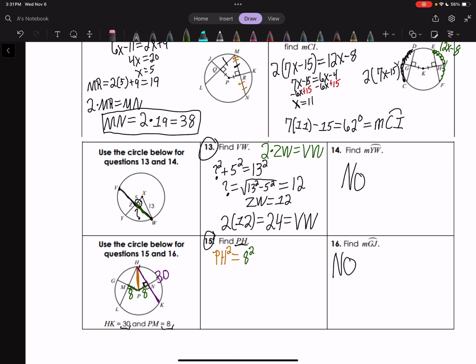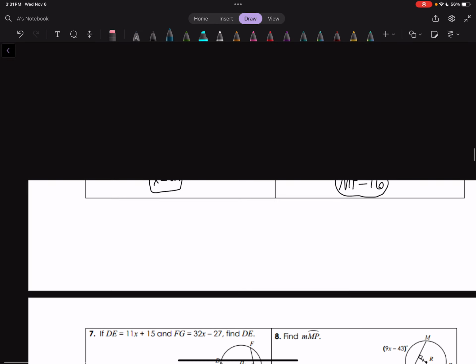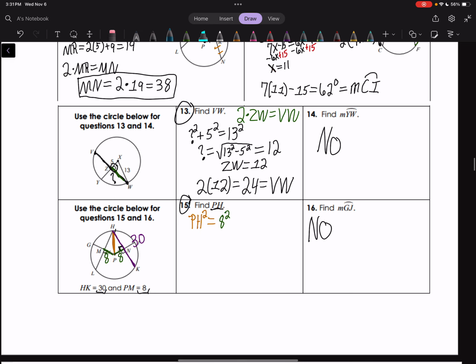Now I know that if I take my HN and NK, they're congruent. So I'm going to take my 30, and I'm going to divide this by 2. So 30 over 2 is 15, which is the length of HN. So plus 15 squared.